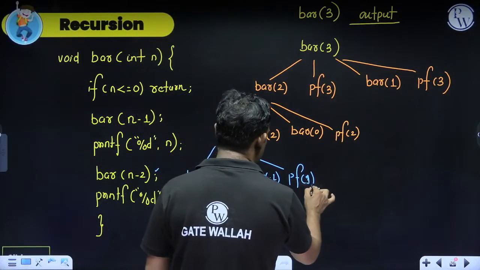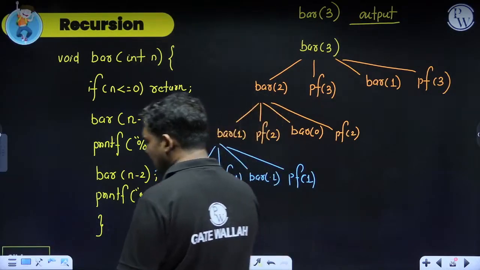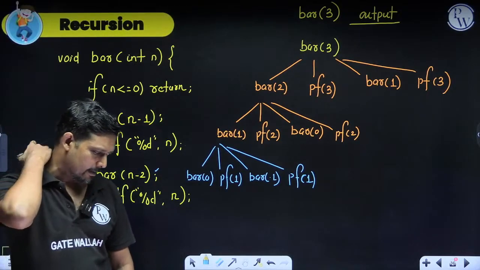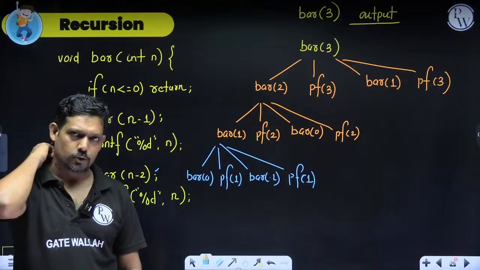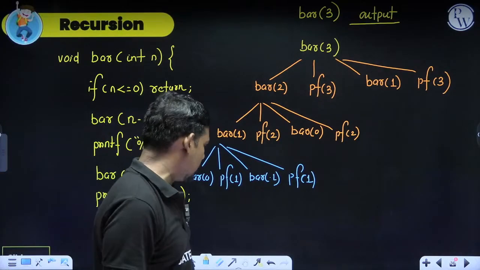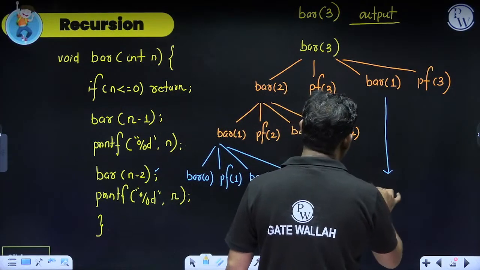Now I can complete my diagram, or I can be a real quick smart person. There is still bar 1 to be expanded.